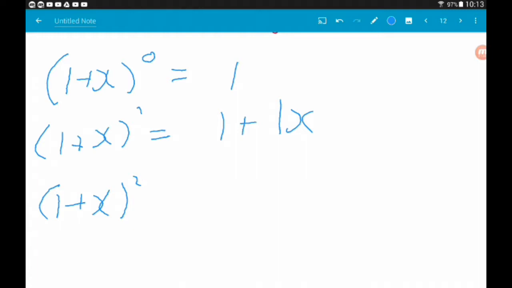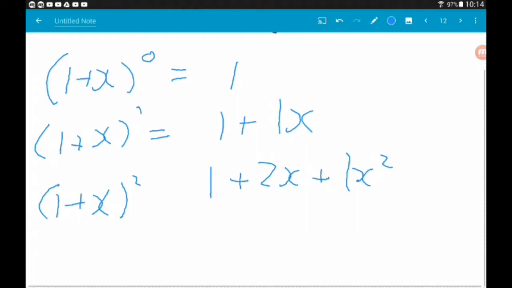Now that, we can all do happily. That's just a double bracket expansion. 1 plus x times 1 plus x. So if we do that, we would get 1 plus 2x plus 1x squared.